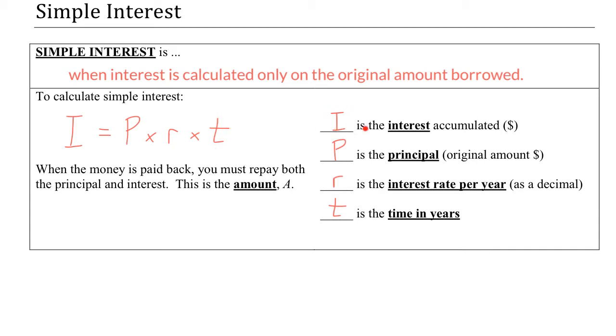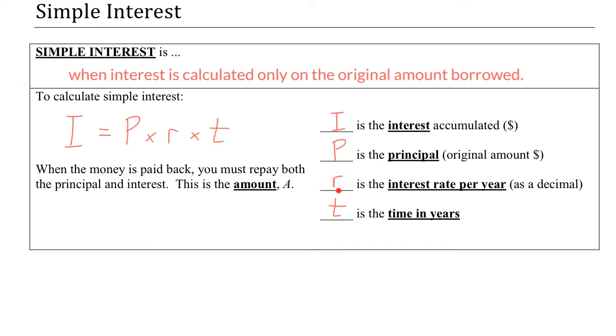I represents the amount of interest in dollars. P represents something called the principal. Now the principal is just the original amount of money that you're depositing into the savings account, or the original amount of money that you're borrowing from the bank.